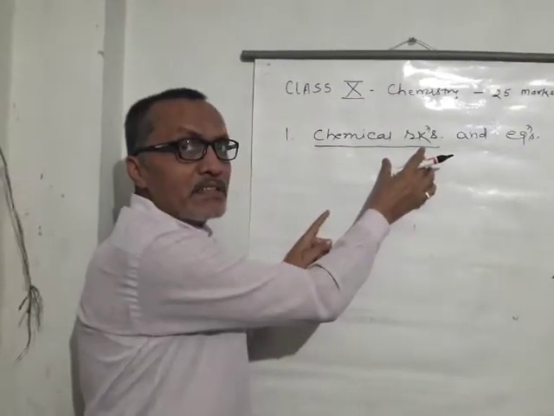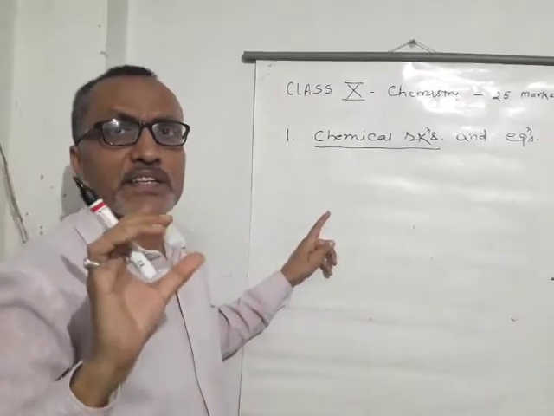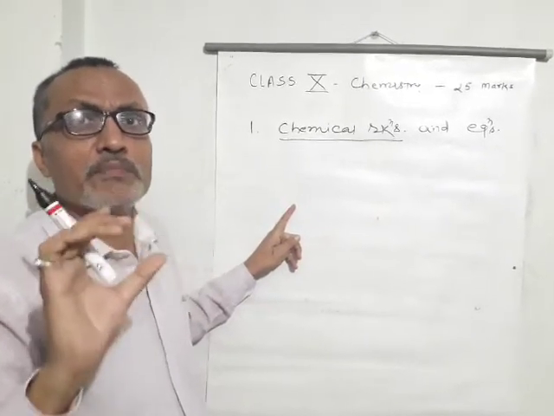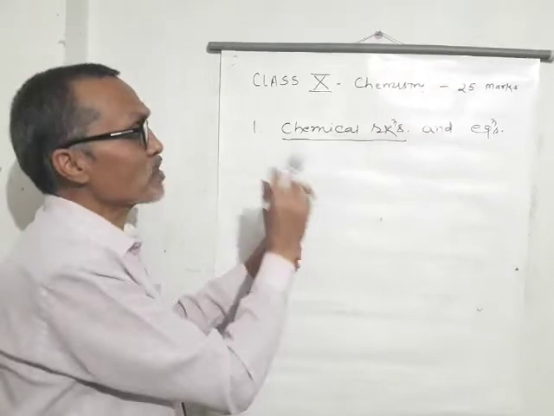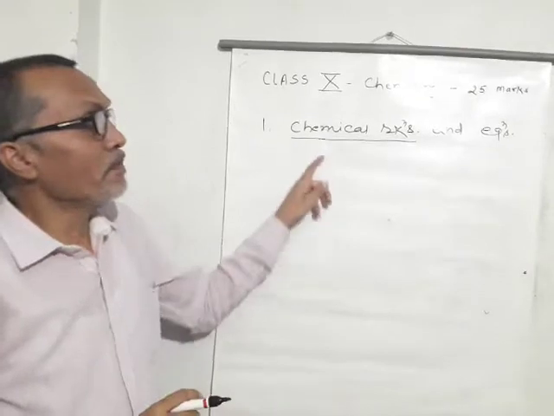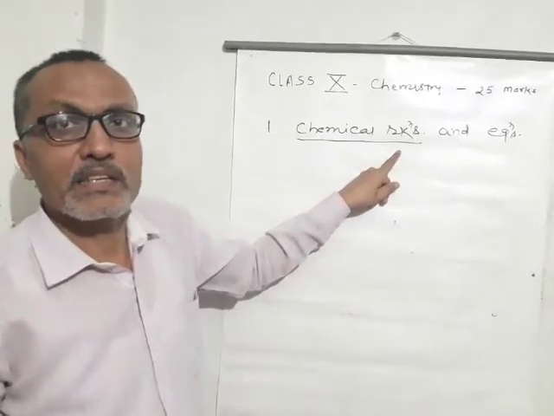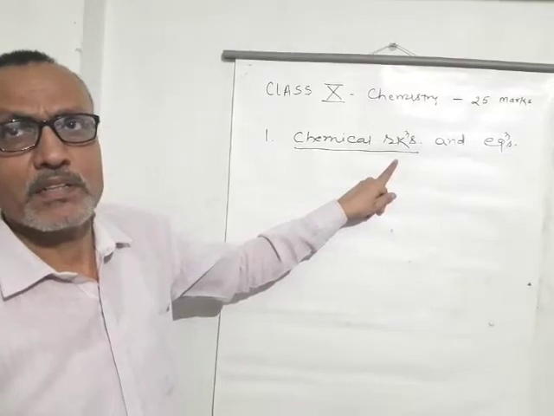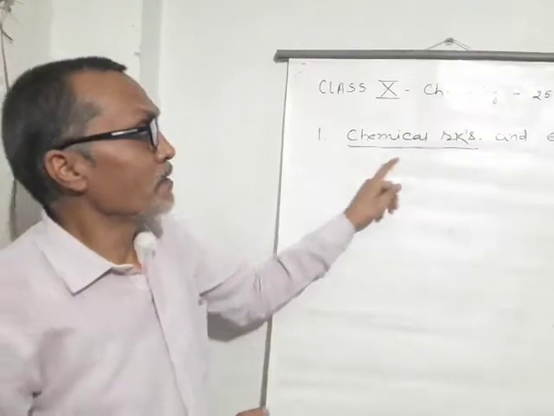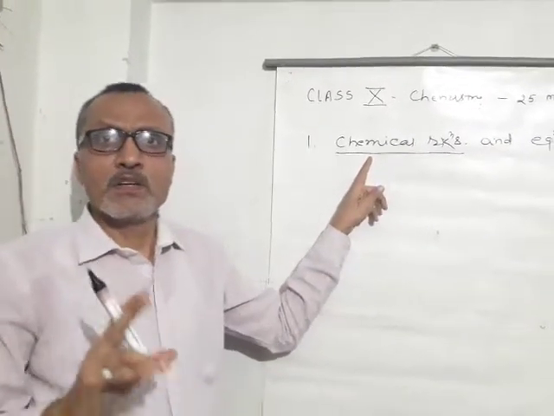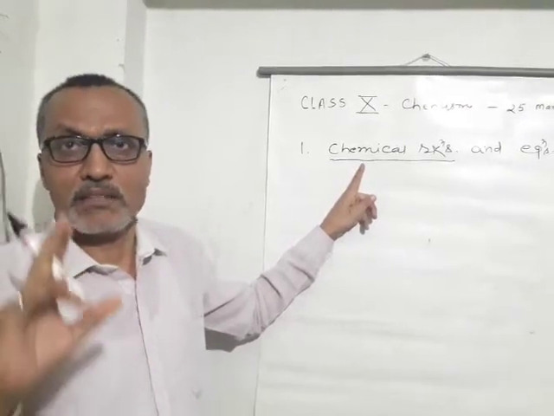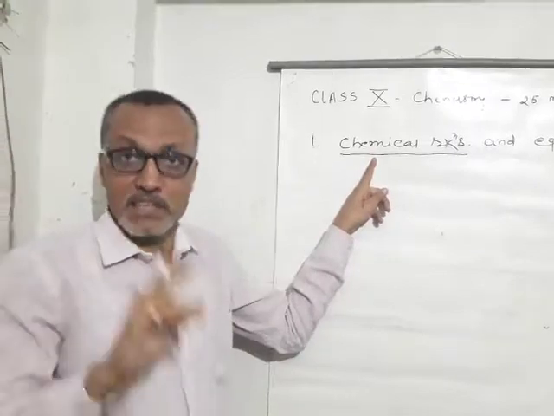Chemical reaction is the representation of a chemical change in terms of symbols and formulae. Because in the chemical reactions, either elements or compounds are involved. For elements, we use symbols, as you already have studied in class 9.